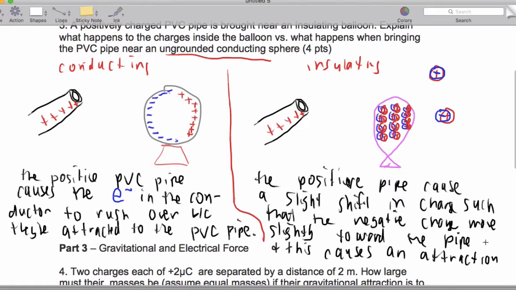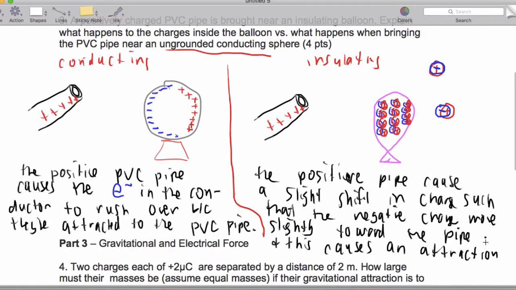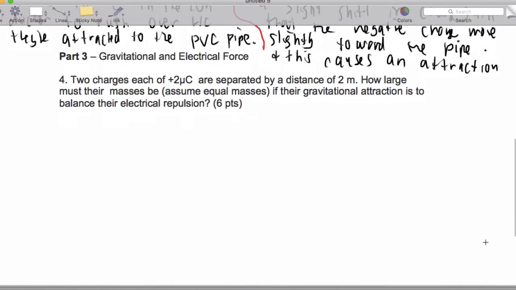Totally related physics, but definitely a different effect.